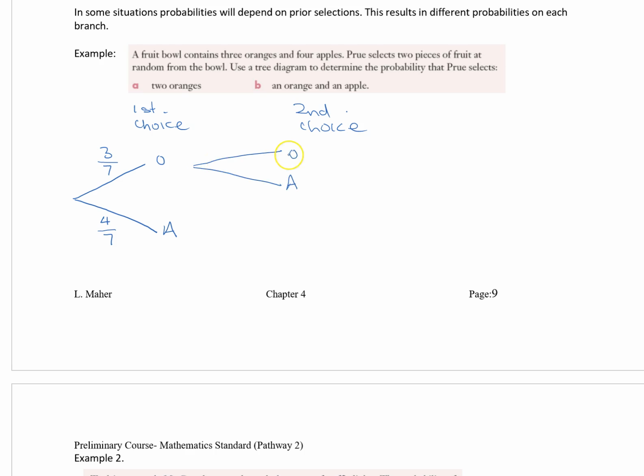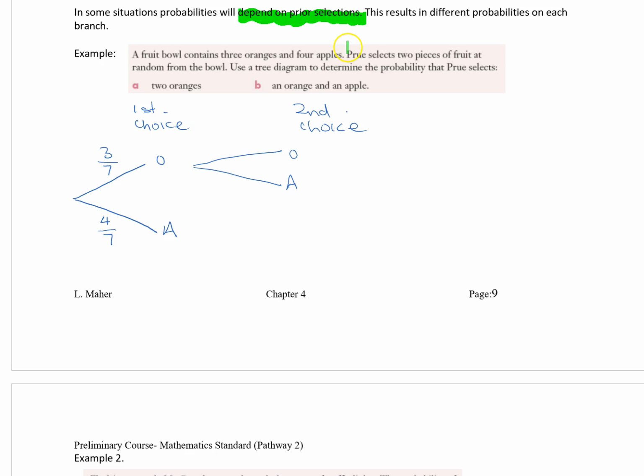There are still oranges left. However, now there are only 2 oranges left and there are only 6 pieces of fruit left. So this is where the probability for the second choice will depend on a prior selection.